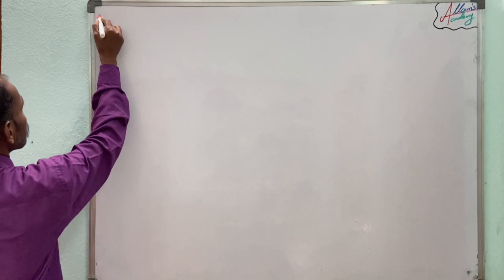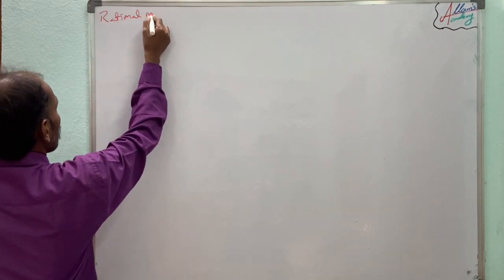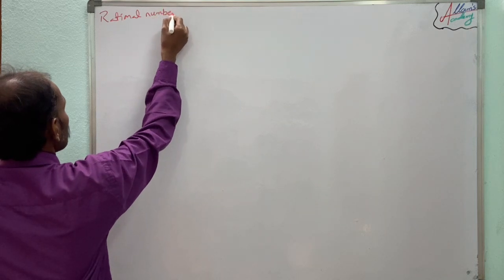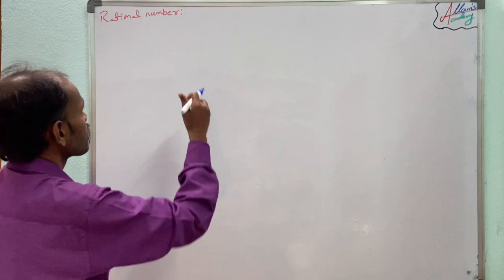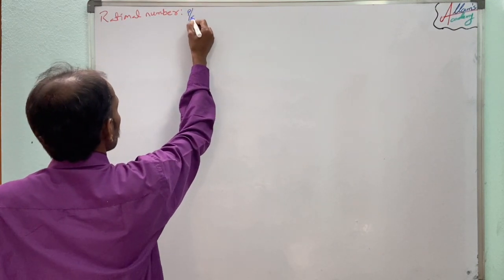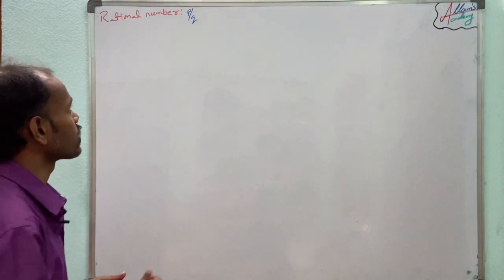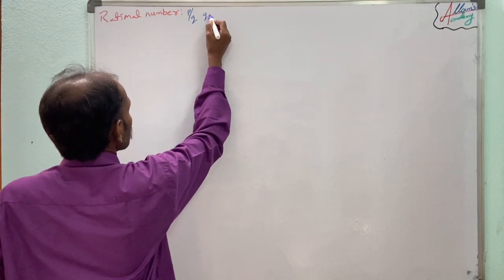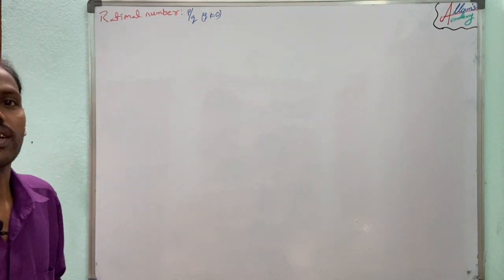Rational number. So already we studied about rational numbers. A rational number means a number which is expressed in the form of p by q, where p is the numerator and q is the denominator, and q is not equal to 0.